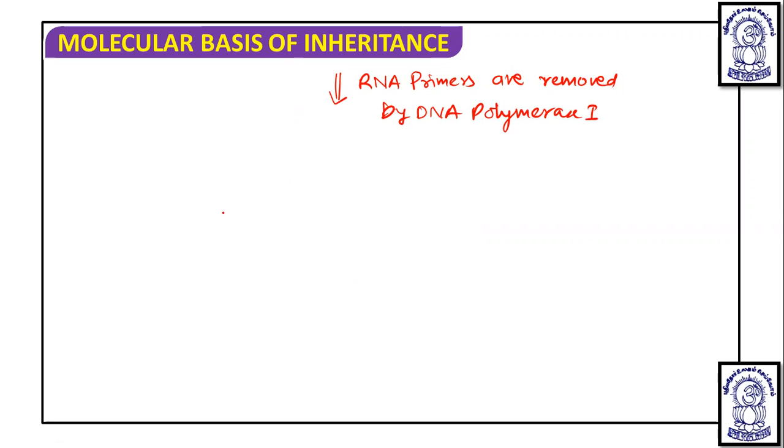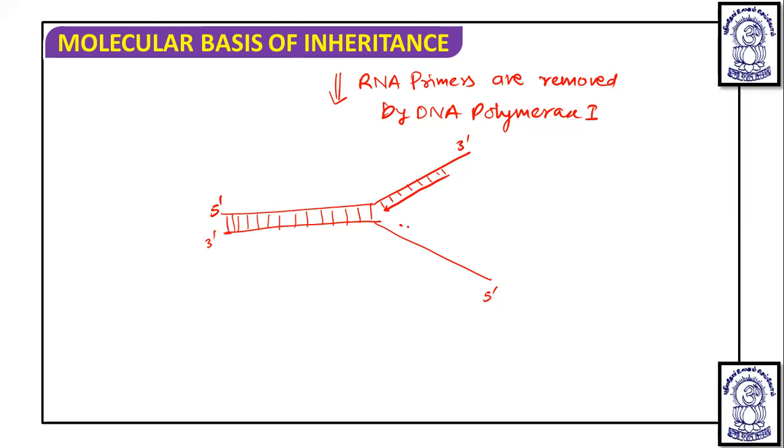Now, when DNA polymerase 1 removes the RNA primer, the DNA is going to look like this. So, these are the gaps.